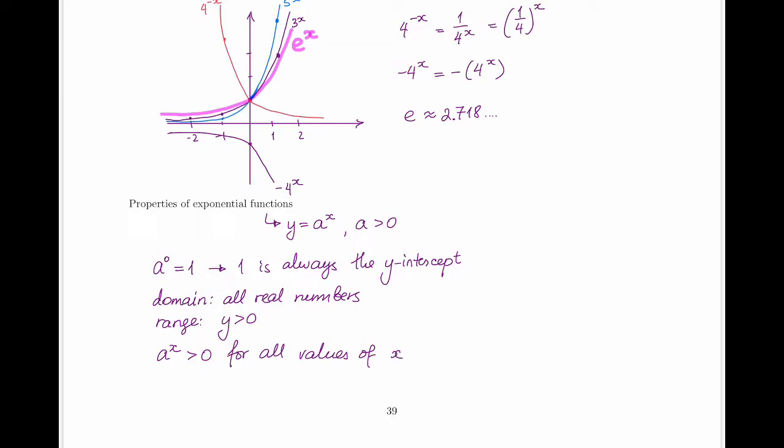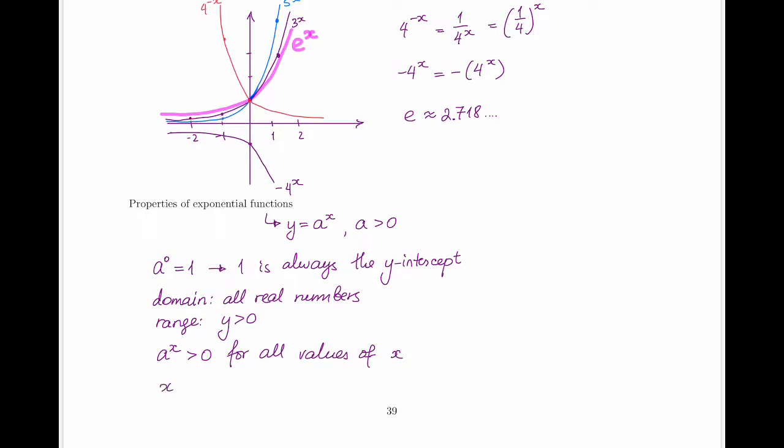And this will come in very handy. This property will be very useful when it comes to solving equations that involve exponential functions, and in particular for calculus things such as finding critical points and whatnot. We also notice that as the powers become more and more negative, we get closer and closer to the x-axis.